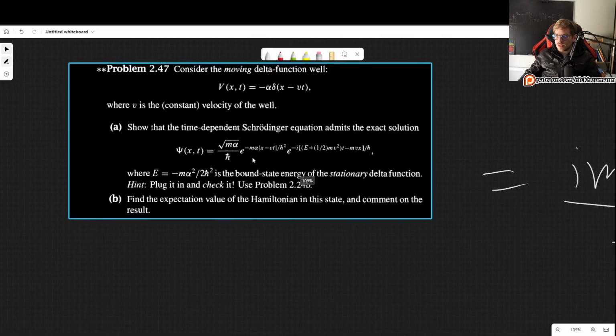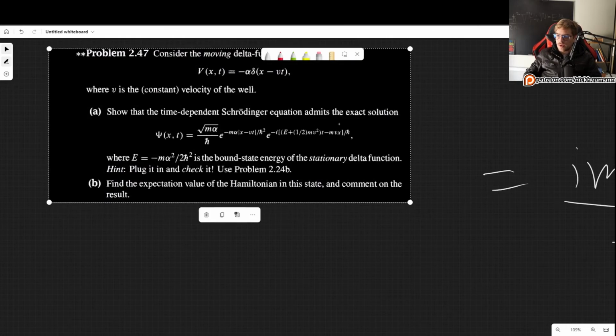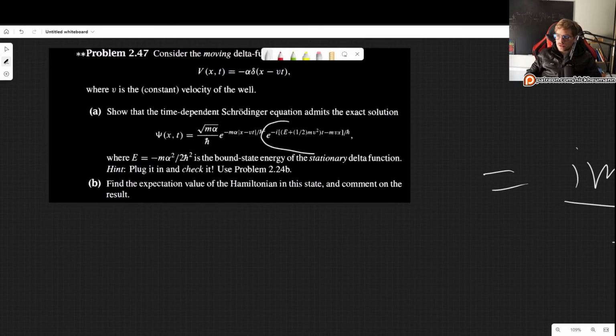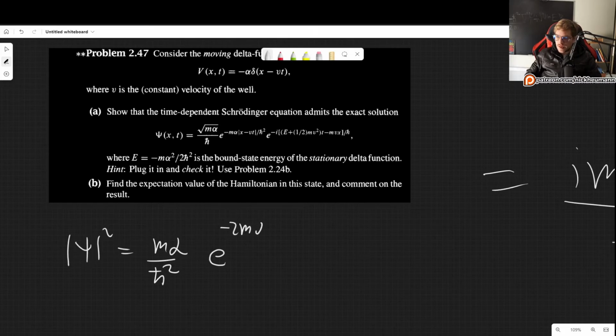But that is relatively easy because take a look at this wave function. We have one part that is complex, this part right there. So when we take the complex conjugate, that will cancel out. So ψ squared will be mα divided by ħ squared, and then e to the minus 2mα absolute value of x minus vt divided by ħ squared, right?